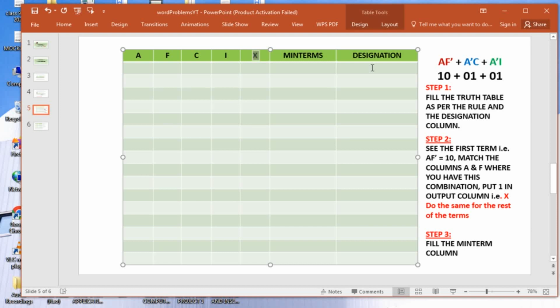Now in a truth table, all of you know how to fill the truth table. This is my last variable I. So this column would be filled up with 0, then 1, then again 0, then 1, then 0, 1, 0, 1. Filling the table correctly is very important, otherwise everything will go wrong.